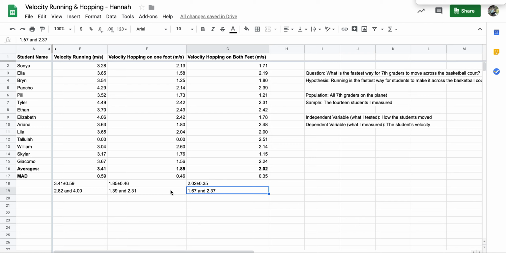Or maybe my velocity hopping on 1 foot is as high as 2.31, and my velocity hopping on both feet is as low as 1.67. So maybe it's faster to hop on 1 foot than it is to hop on both feet. When it comes down to it, I just can't say for sure which one is faster. So if I'm comparing my velocity hopping on 1 foot to my velocity hopping on both feet, I would have to say that there is not a statistically significant difference between these two averages. So I can't say for sure which one is faster.